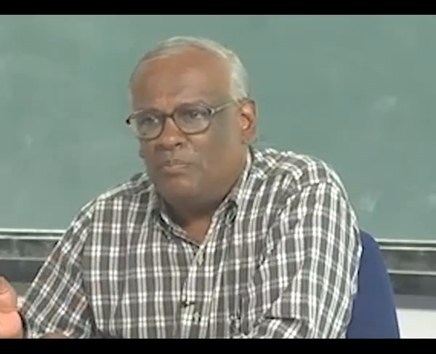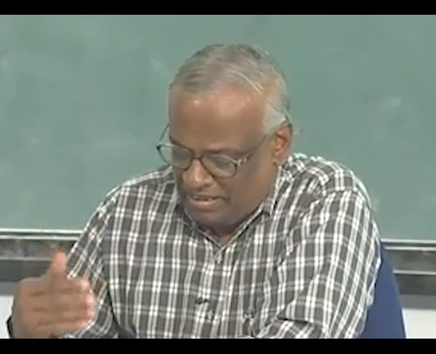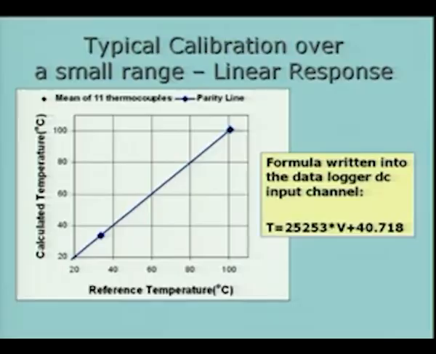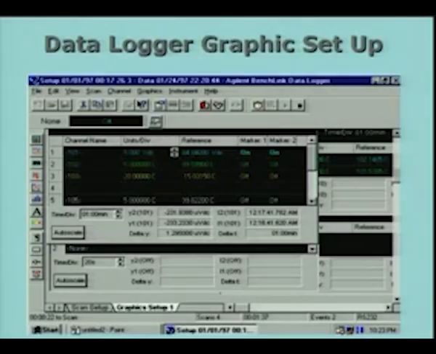We simply have a comparison. We have mirrored the values given by the precision thermometer onto the measurement given by the thermocouple. So, this is not a calibration in the strict sense of the term, it is actually making the thermocouple equivalent to a precision thermometer. So, this is a different way of doing the calibration.